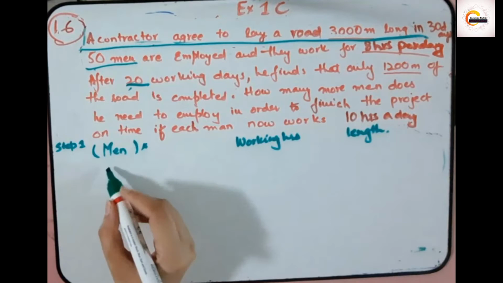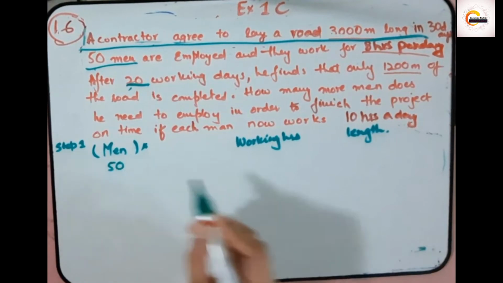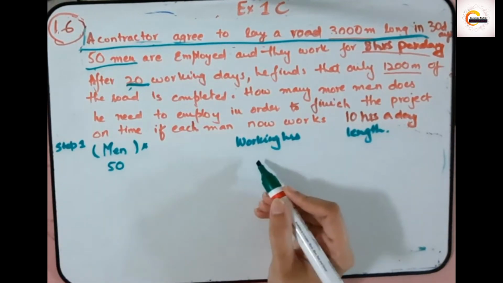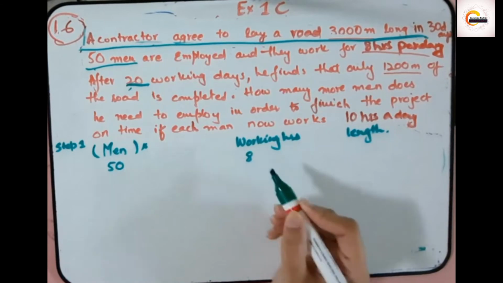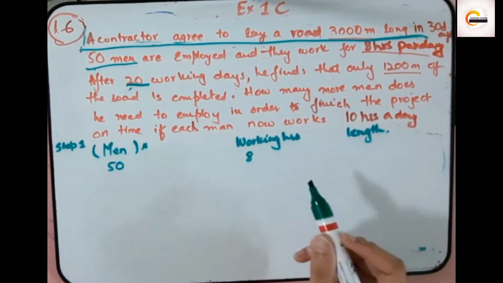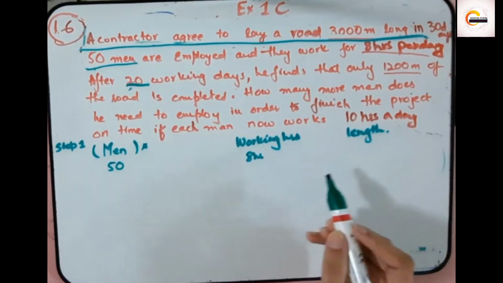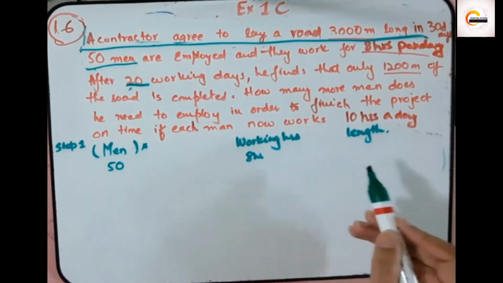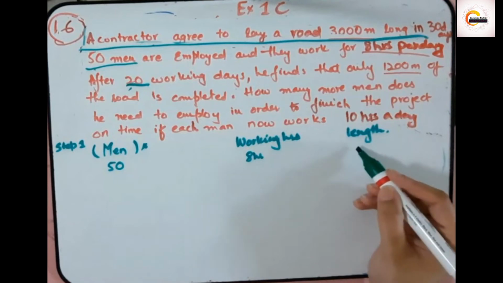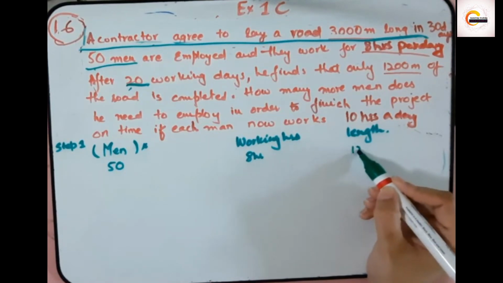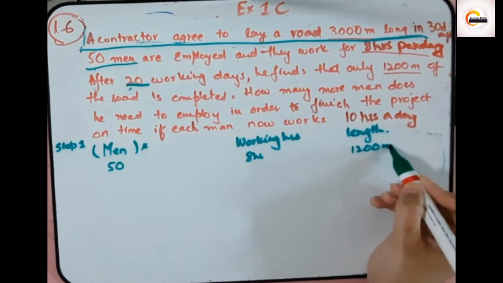So let's keep it that 50 men work 8 hours per day, and they built a 1200 meter long road.